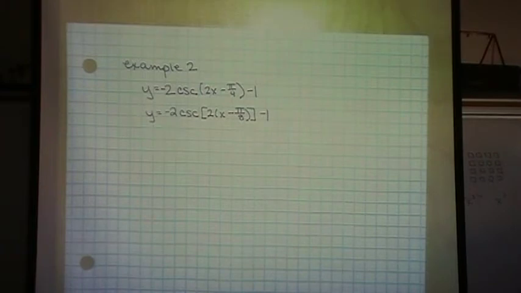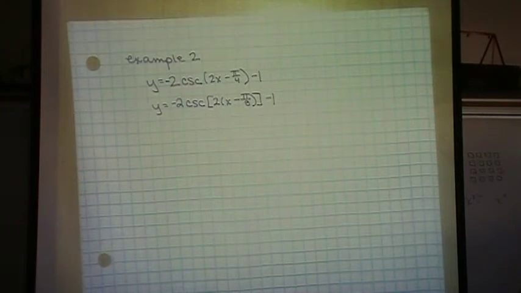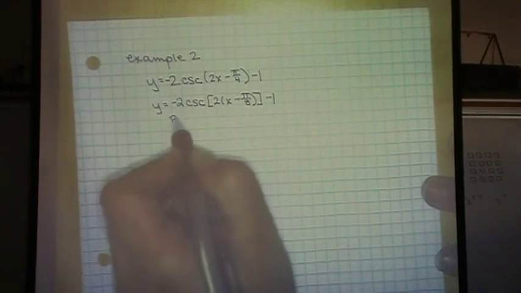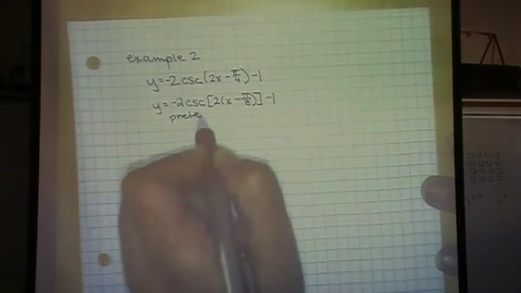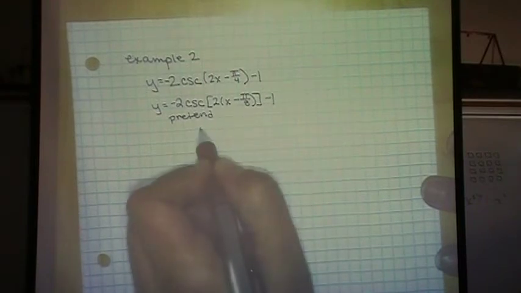Now, remember, cosecant is the reciprocal of sine. So the easiest way to graph this is, rather than trying to actually plot the cosecant graph, we're going to plot sine. We're going to pretend that our graph is actually this.